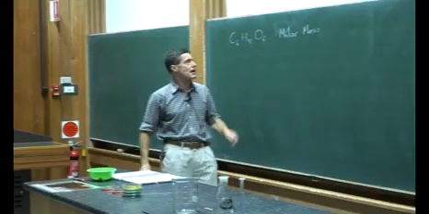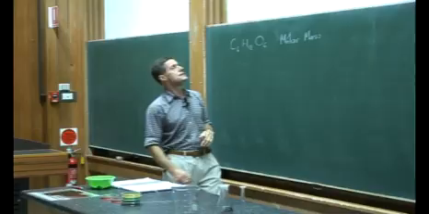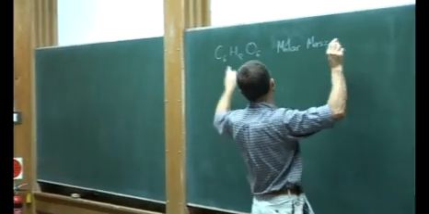We can determine the mass of 1 mole of glucose. The mass of 1 mole is going to be the sum of the various molar masses of the component parts.